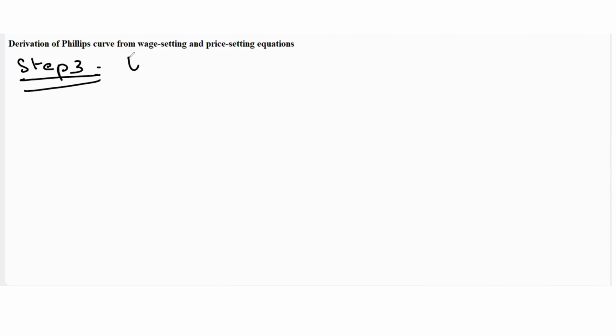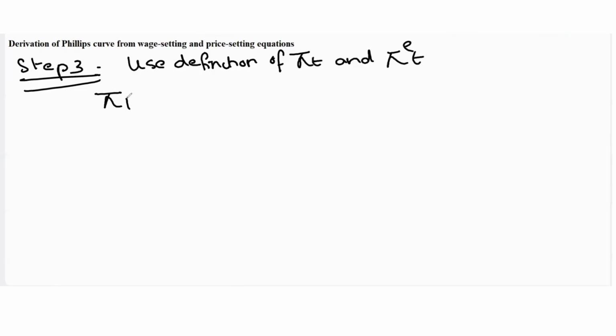Step 3 is going to be: we will use the definitions of the inflation rate in year t and the expected inflation rate in year t. Now, what are the definitions? Pi t, the inflation rate in year t, is the percentage change in price from the previous period. So it's the price of this period minus the price of the previous period, divided by Pt-1.